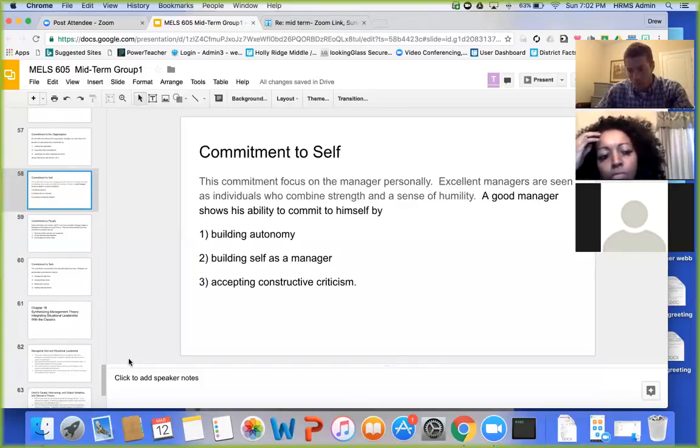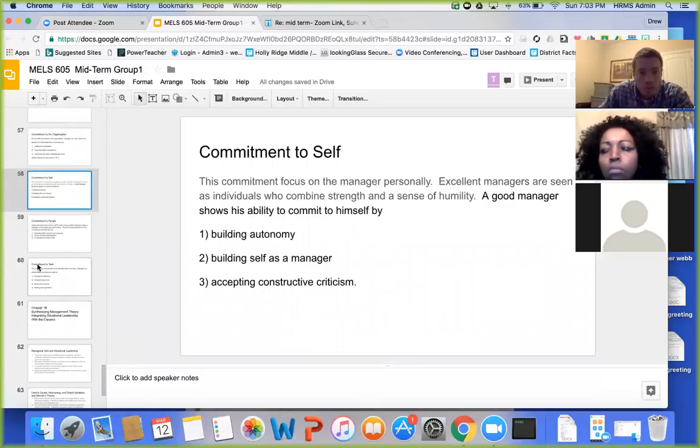And when we talk about demonstrating autonomy, this is where the manager acts as though they are running their own business within their own organizational unit. They take responsibility for most things that may happen within the organization, well, all things that will happen in the organization. They stand up for their personal beliefs. They're concerned with achievement of excellence, and a lot of times they tend to just take risks.